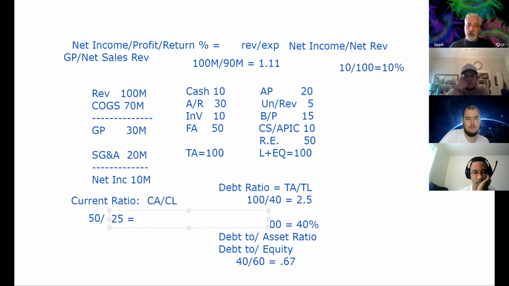So my current ratio is 2. That's my current ratio. I'm pretty liquid. And the current assets are the things that you have that can pay off your liabilities. Hopefully that's the bigger number. Hopefully you have more current assets than current obligations or liabilities to pay.